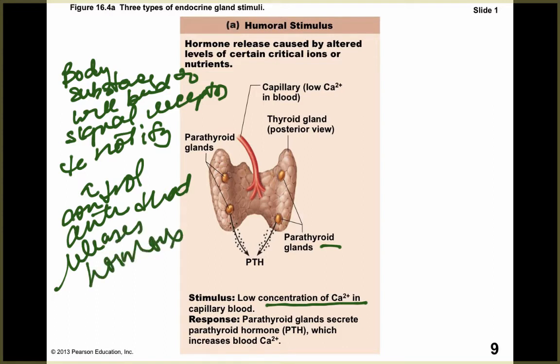That will activate an effector to bring about change, right? In this example, you start activating things like osteoclasts to start breaking down bone to release that calcium into the blood. So a humoral stimulus is basically a body substance that will activate hormone release.